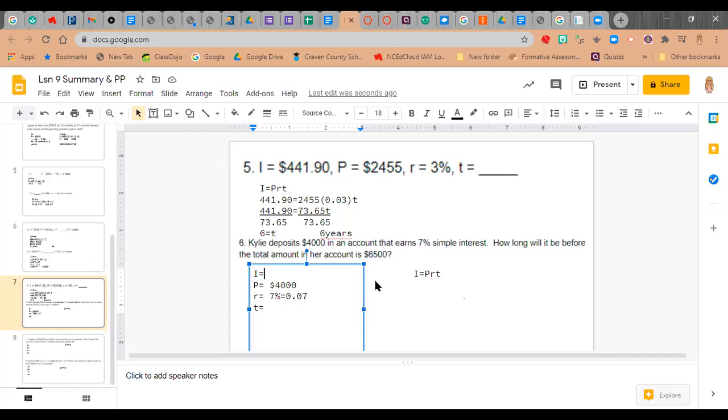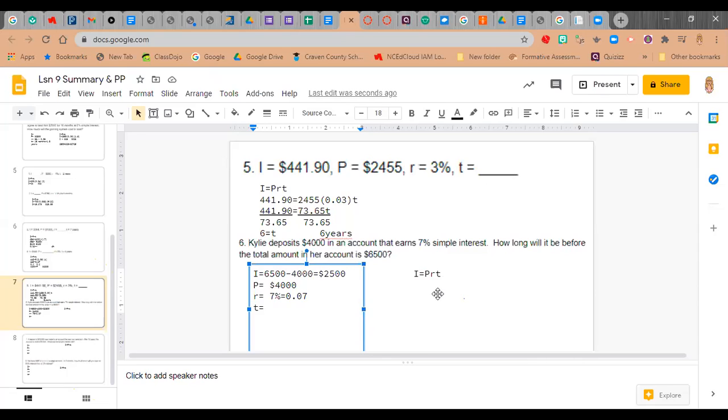No. Oh, okay. The total amount in her account is $6,500. How much did she put in the account? $4,000. How much of that account is interest? So we have to take that 6,500 and subtract out the $4,000 that she put in, and that leaves us with interest of 2,500. Does everybody understand that? Yes.